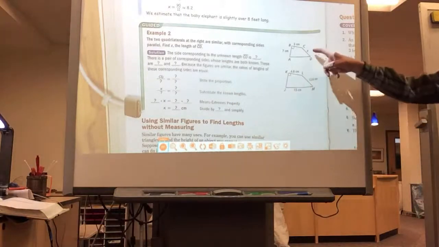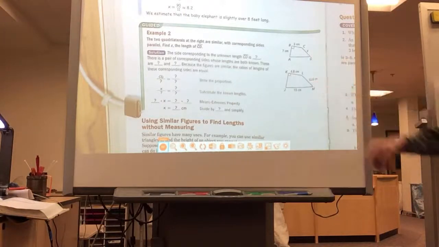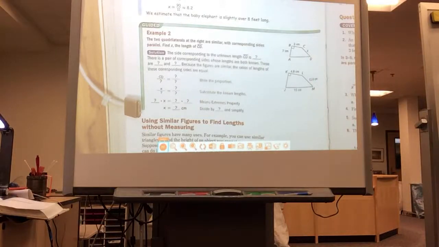Yeah, LM. So we can think of X and the 12.6 as one fraction when we write our proportion. So in this case here, you could say X over 12.6 centimeters.